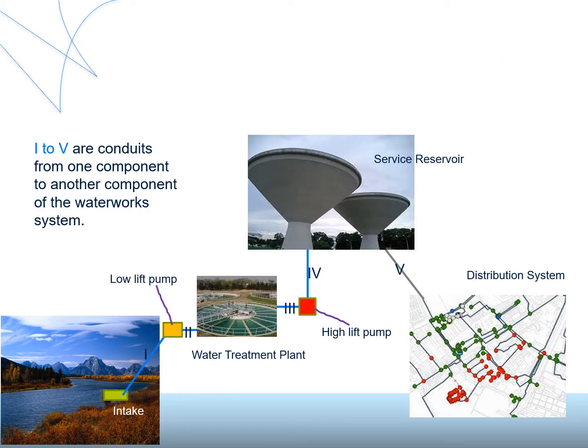Now, how are we going to use that information in our design? Let's look at a typical layout of a water supply system. We have an intake here, and then we pump the water from the intake to the water treatment plant, which is generally close to the intake, but above the maximum flood level.